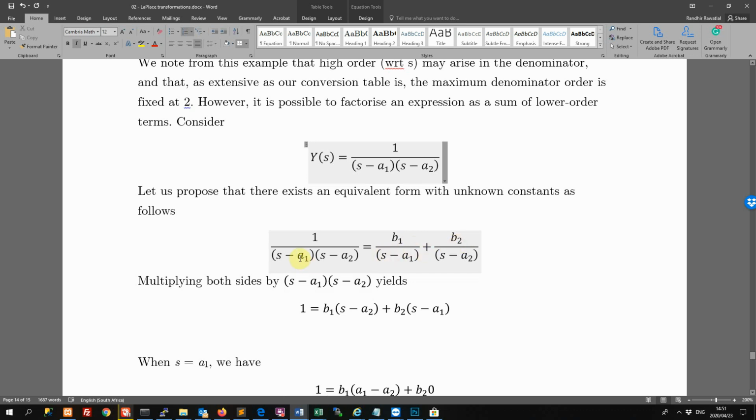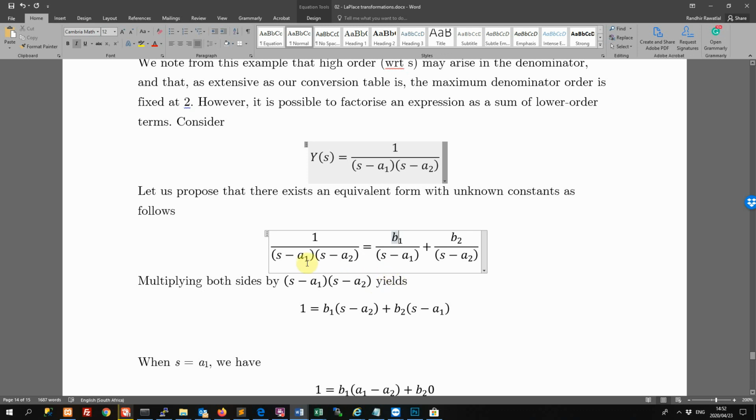If you say, well, if I have a factor like this, there will exist some expansion like this. So this is just your proposal that there must exist a way to separate this term into two terms like this, if I include constants here. So it's just a matter of finding those constants.